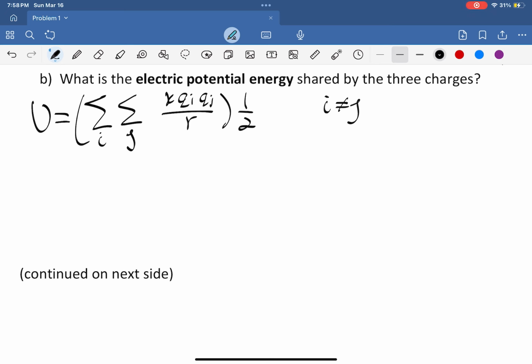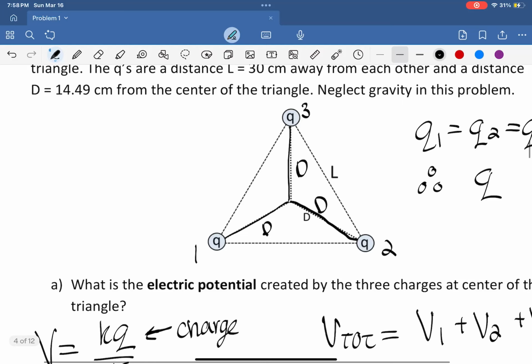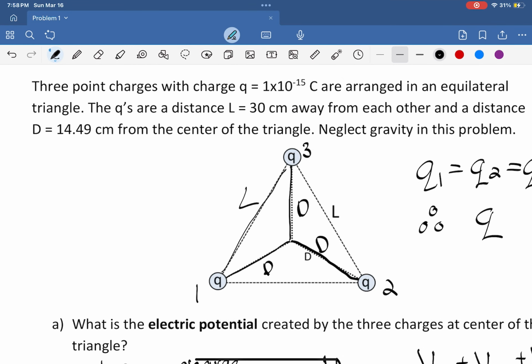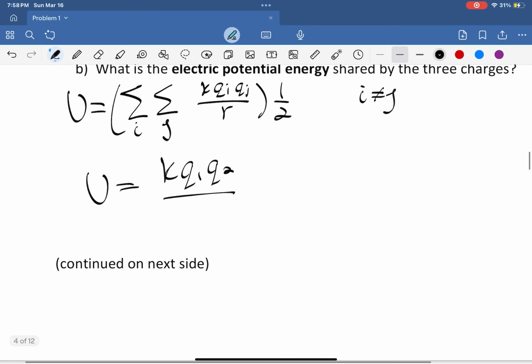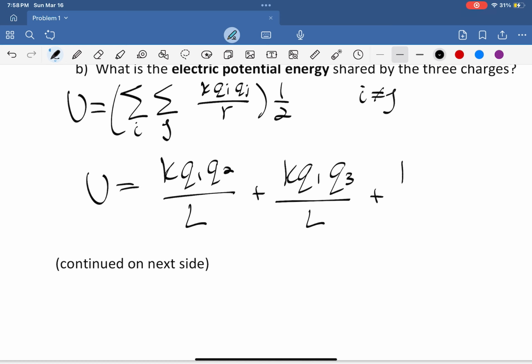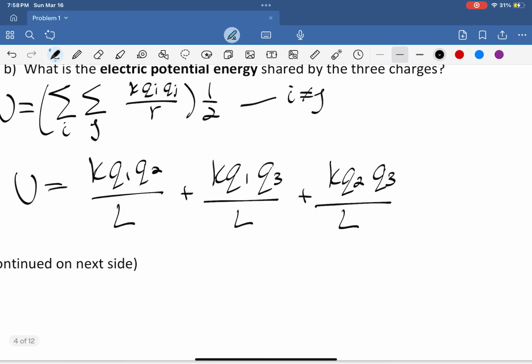All I'm going to do is say U equals KQ1Q2 divided by, well, what's the distance from 1 to 2? It's L. From 2 to 3 is also L, and from 1 to 3 is also L. So, divided by L, plus KQ from 1 to 3 divided by L, plus KQ from 2 to 3 divided by L.